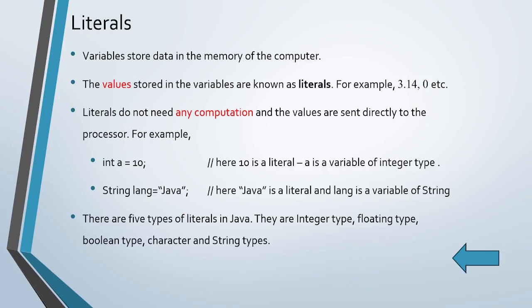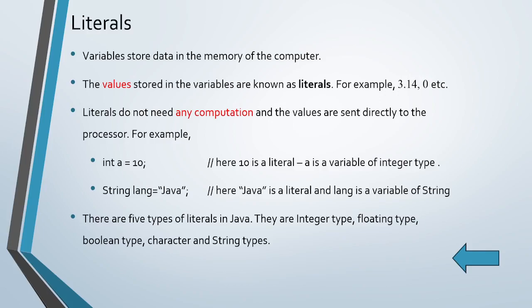Now, the values stored by the programmers are known as literals, not the input. Input is given by users, but values which are known to the programmers are stored in variables. That value is known as a literal. Literals do not need any computation, and the values are sent directly to the processor.